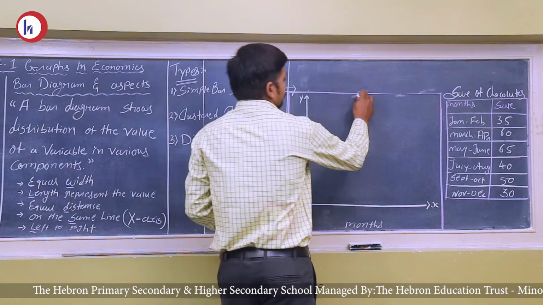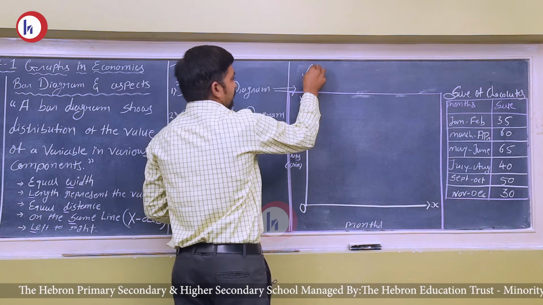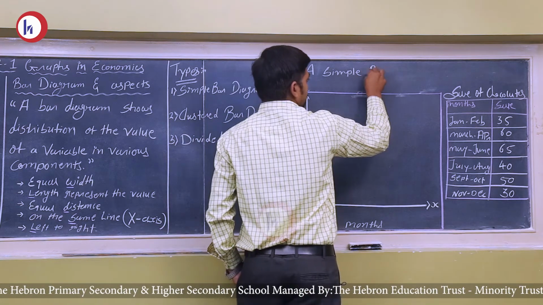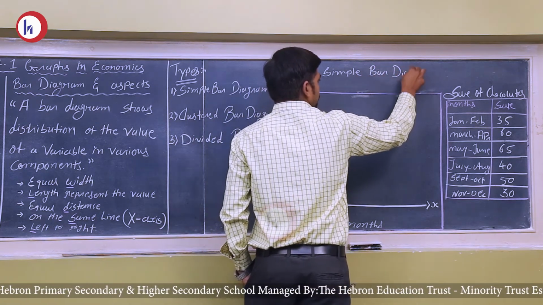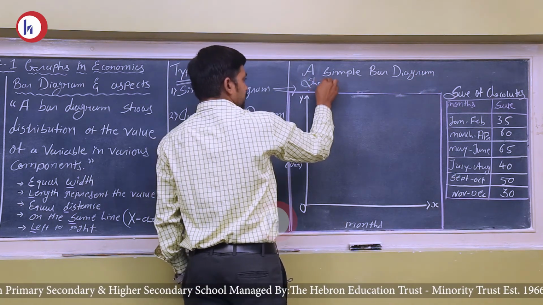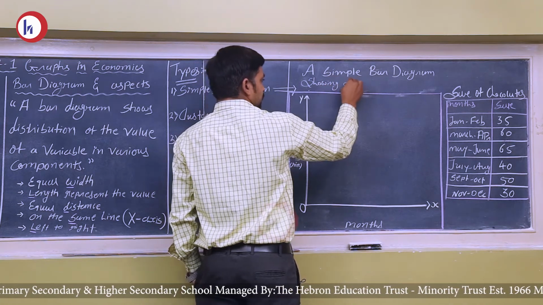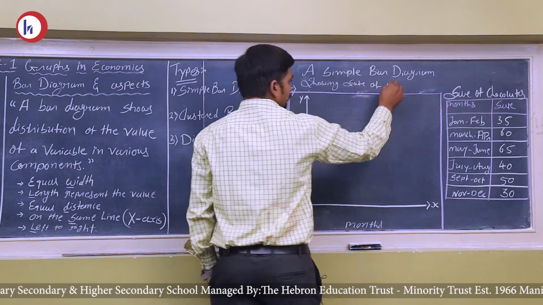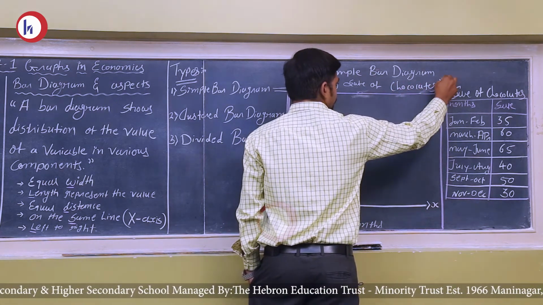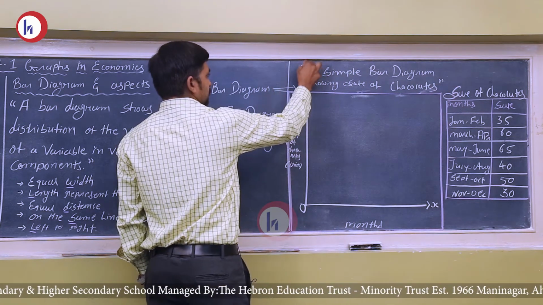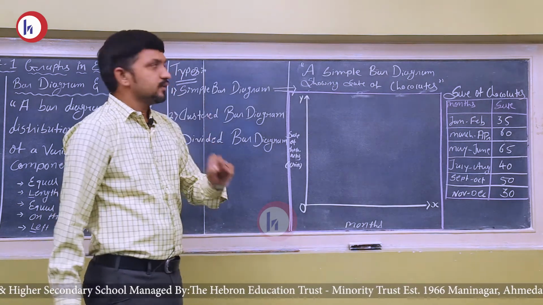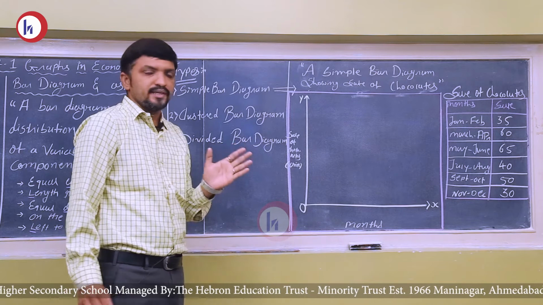So let me write here: a simple bar diagram showing sale of chocolates. This one is the title of the graph, and the title must be given: a simple bar diagram showing sale of chocolates.